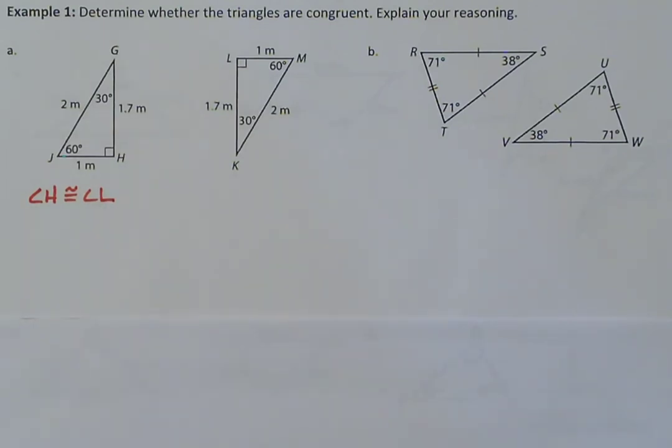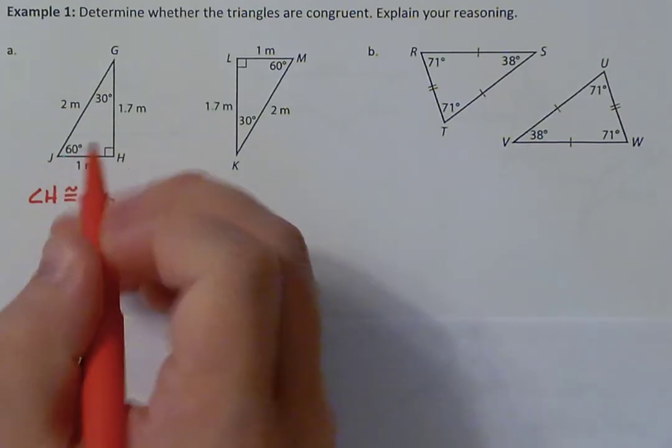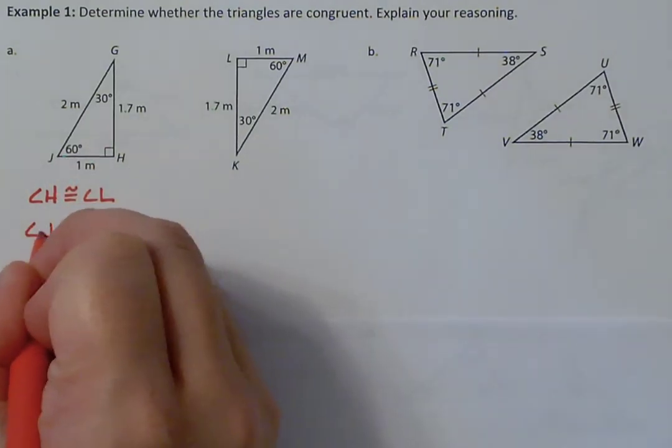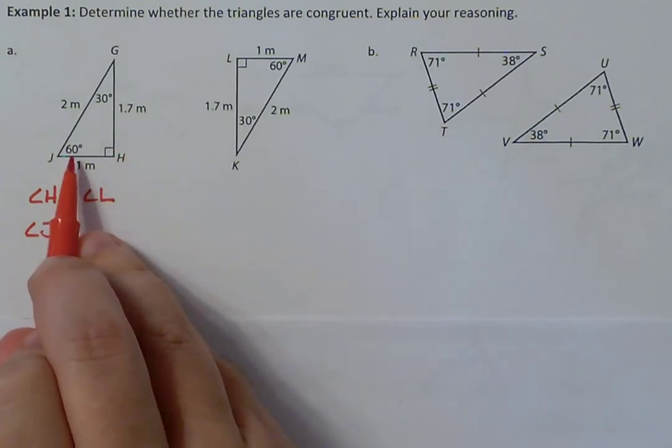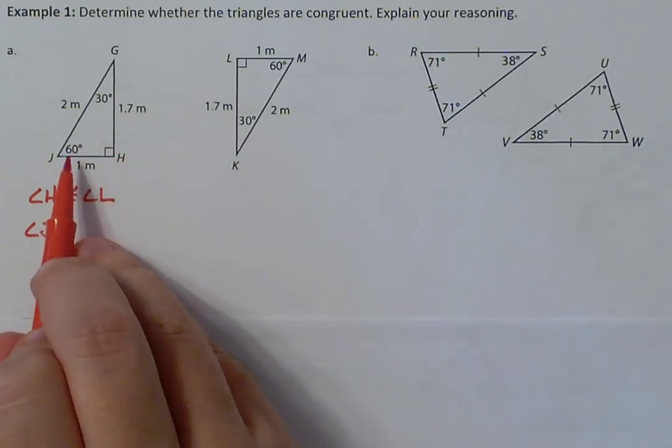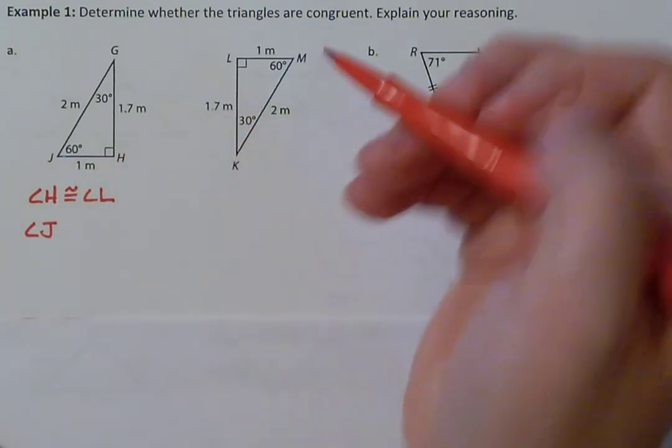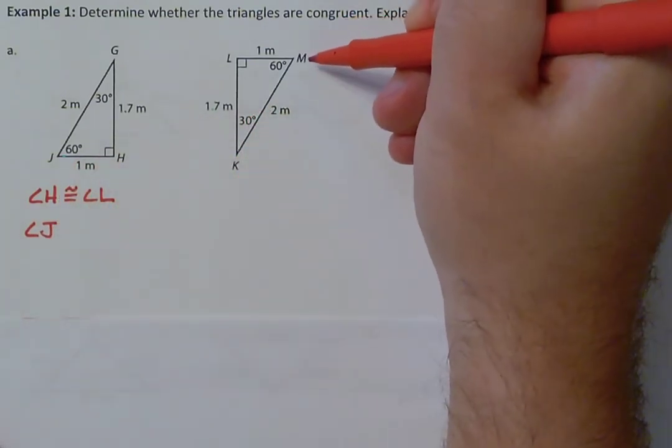And you're just going to run through that for the other two angles as well. So if next I look at angle J, angle J is 60 degrees. Do I have an angle that matches 60 in this triangle? Angle M is also 60 degrees.